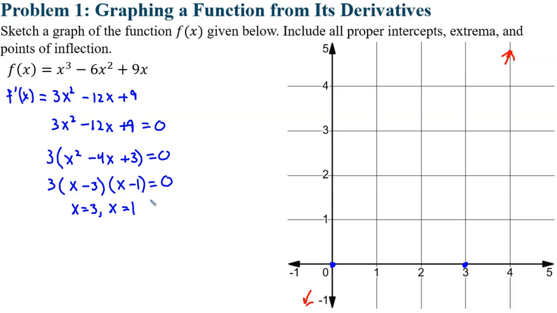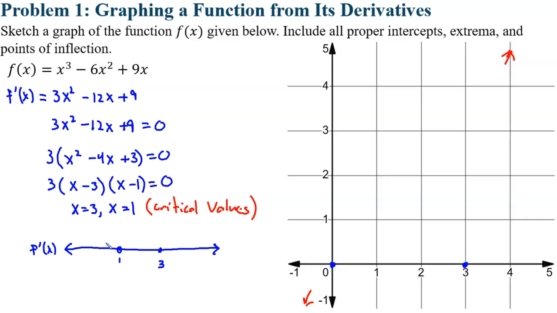We said these were our critical values. And as far as determining whether they're mins or maxes or neither, what we did is we looked at the first derivative test. That's where we looked at a sign chart of our derivative. We know we're going to have zeros at, like we said, 1 and 3.